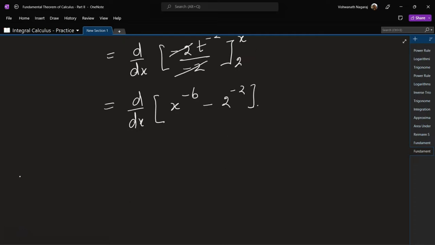Don't even bother simplifying this, because when we differentiate, this will become 0 because it is a constant. So this would be minus 6x to the power of minus 6 minus 1, that is minus 7, which can be written as minus 6 by x to the power of 7.